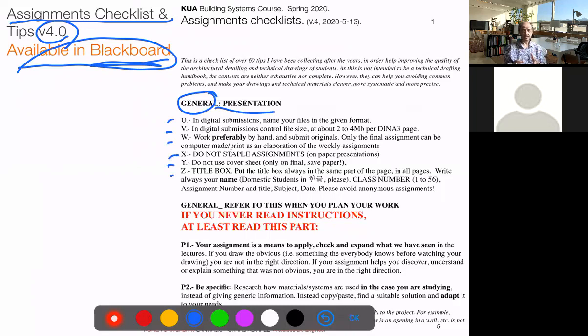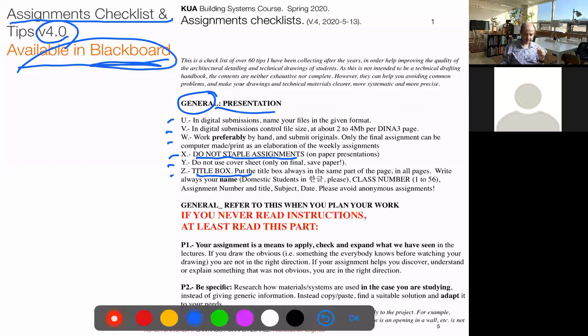Please follow them. There are things as elementary as putting your name. Of course, you do not staple because we are doing it online, but put a title box or title area in your drawings, and put it always in the same place, not the title on the bottom in one drawing, on the top in another, or rotated. So try to make your drawings a little bit more professional.